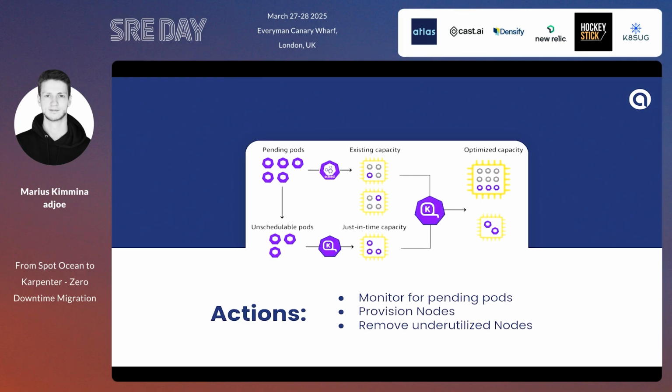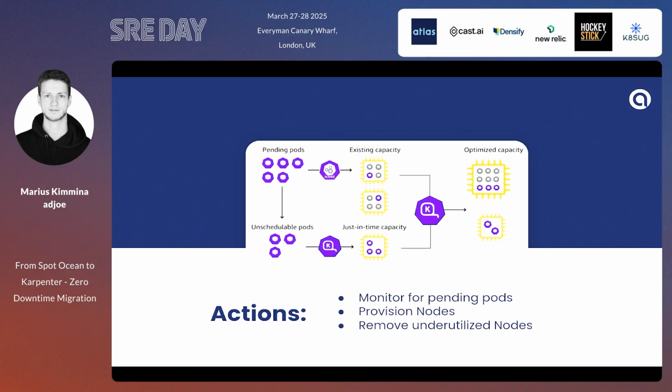So how does it actually work? When we have a new workload coming in as a pending pod, the first thing that will happen is that the scheduler picks it up and tries to place it on any of your existing capacity. Once it cannot, it will be deemed unschedulable. The autoscaler will kick in and will create a new node for you. If you're on any of the cloud providers, this usually happens by talking to their API and creating a new node there.